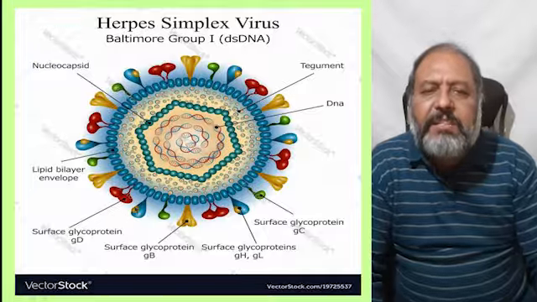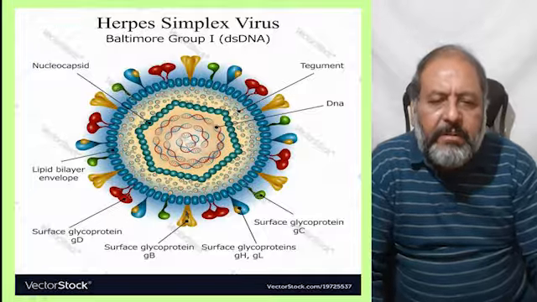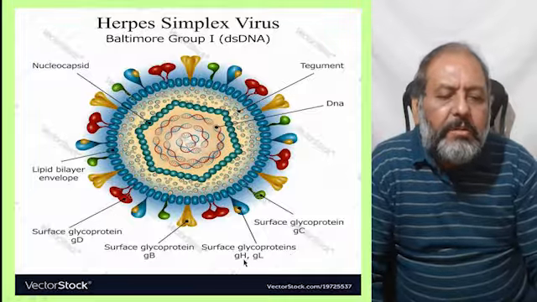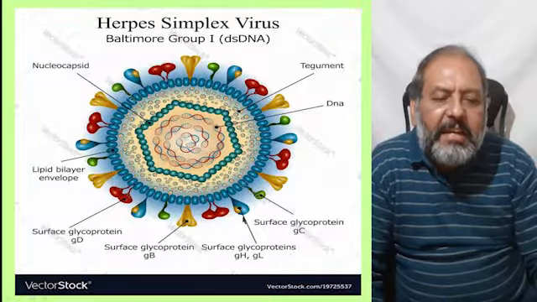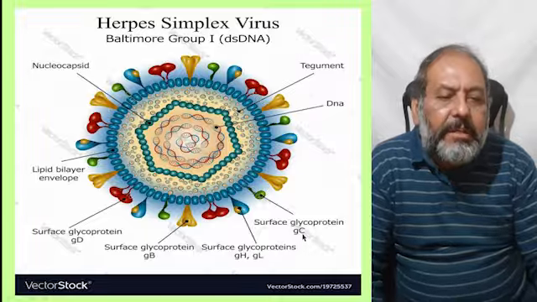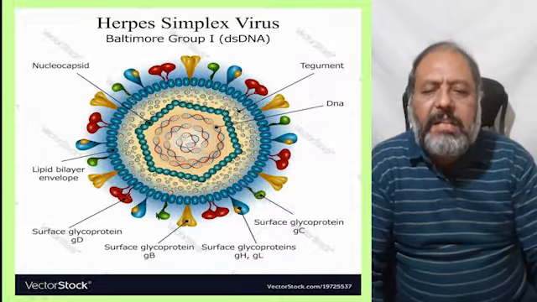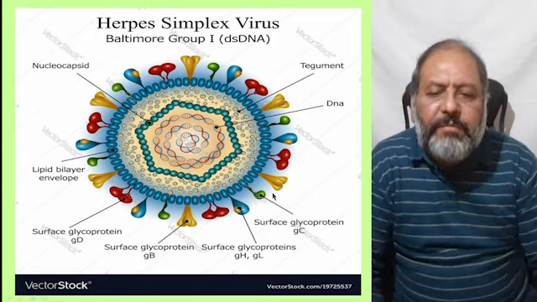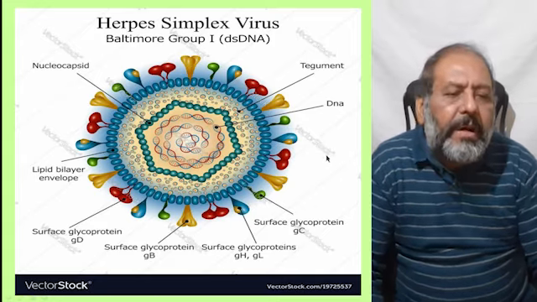There are many surface glycoproteins which are seen in this herpes simplex virus. Then surface glycoproteins GH and GL and surface glycoprotein GC. These are all the glycoproteins which are protruding out from the envelope of the virus.